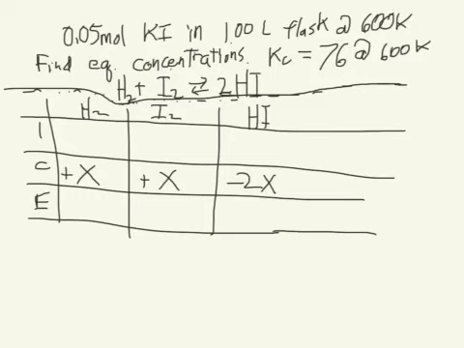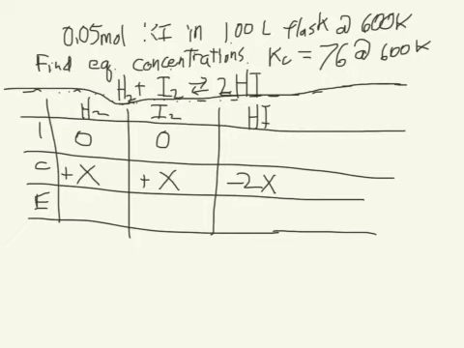So now let's figure out initial concentrations. This was an empty flask and we just added HI, so we're starting with 0 hydrogen and iodine, and we are given the number of moles of HI.